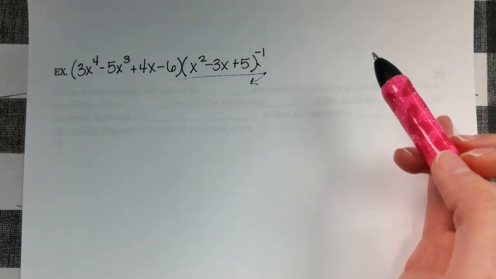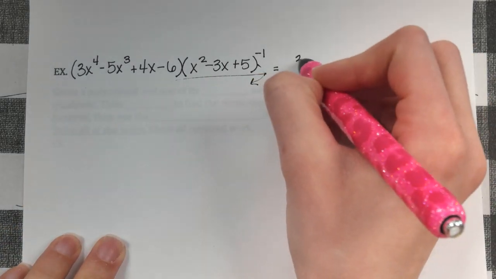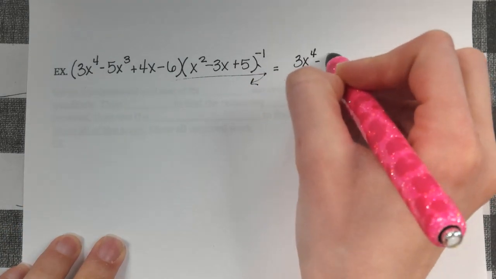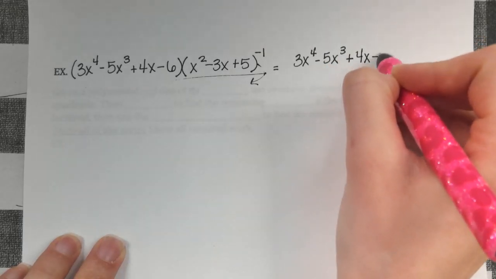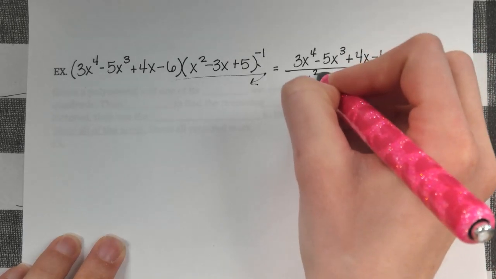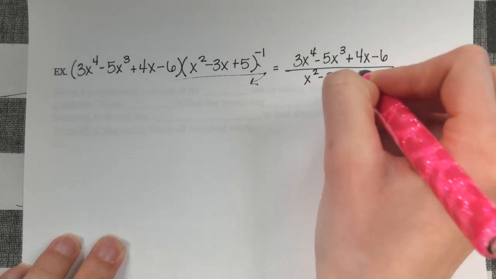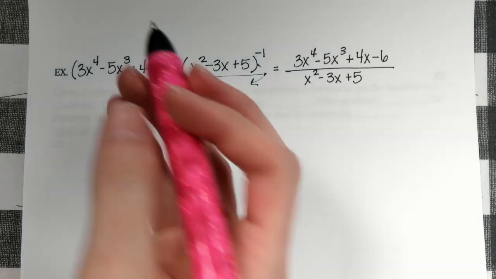So if I'm thinking about these two things being multiplied, really what it's saying is I have 3x to the 4th minus 5x cubed plus 4x minus 6, and that is being divided by my x squared minus 3x plus 5. So instead of writing a division symbol, having it multiplied by a polynomial with a negative 1 exponent is just another representation of telling you you are dividing. Okay, so you're just having multiple representations here.